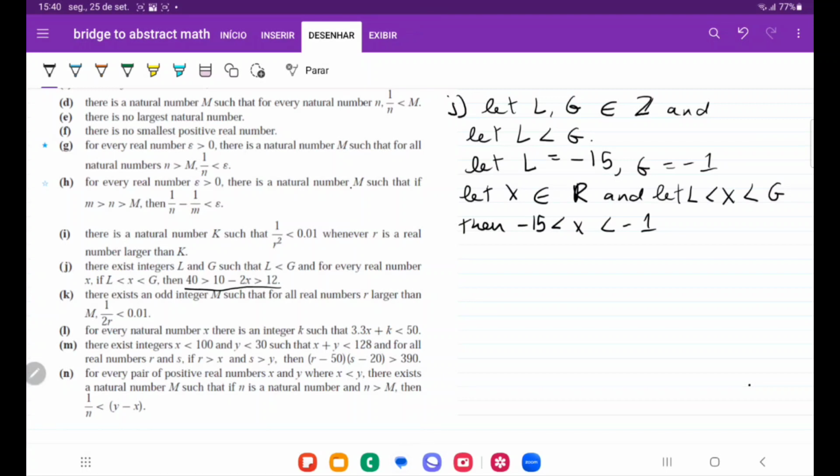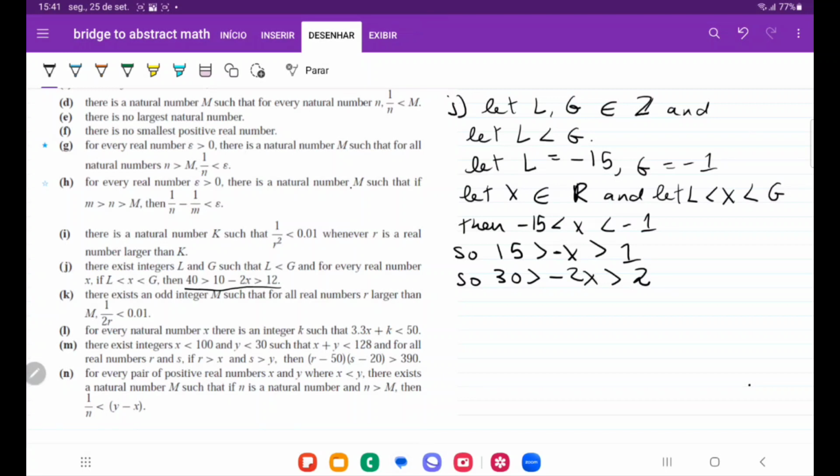Now I'm going to reverse this inequality by multiplying everything by negative 1. So 15 is greater than negative x, which is greater than 1. Then we multiply everything by 2. So 30 is greater than negative 2x, which is greater than 2.